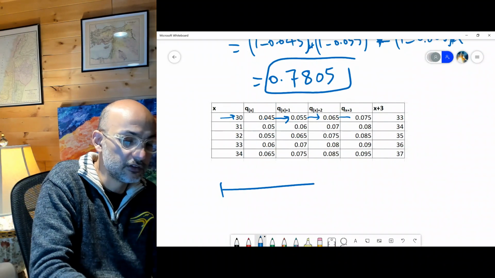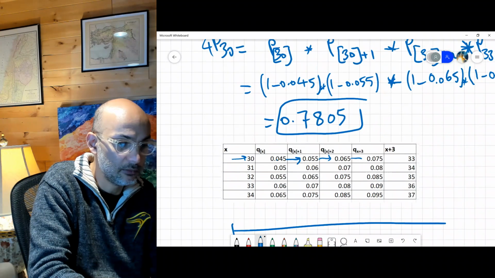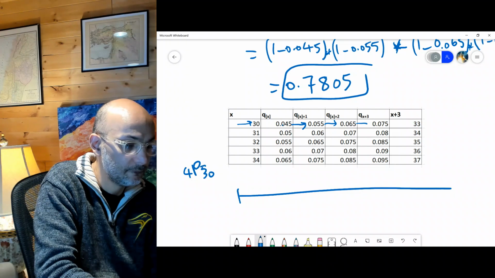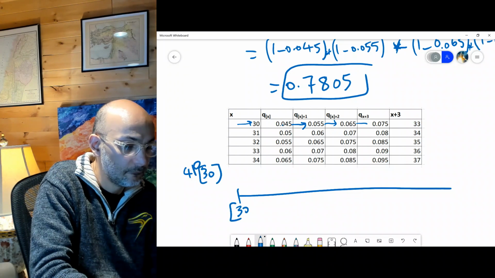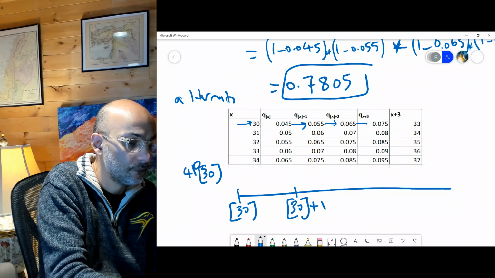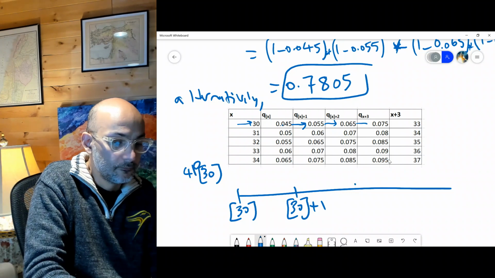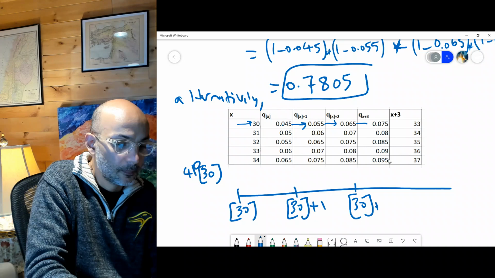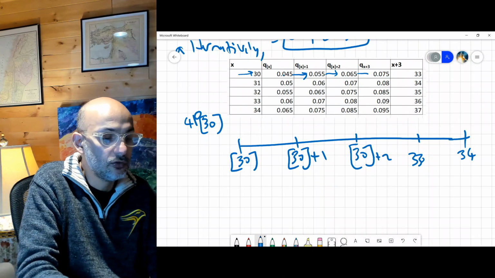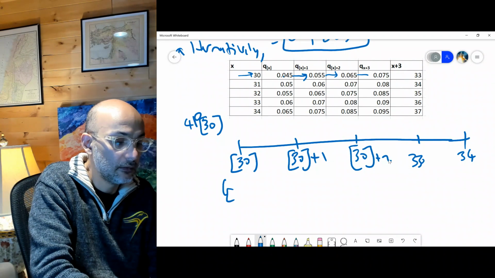We need to start from the question 4p30 plus 1, alternative way, let's say. What I usually do, I start with L30.